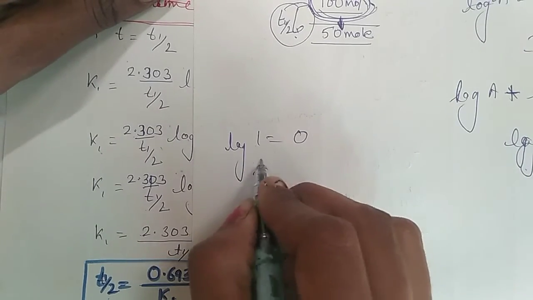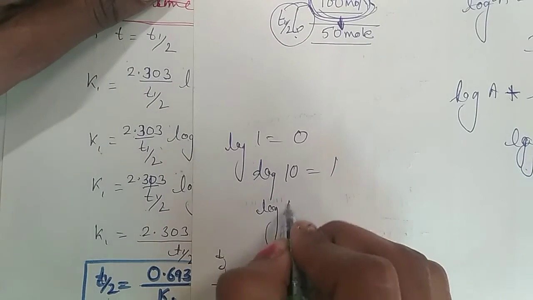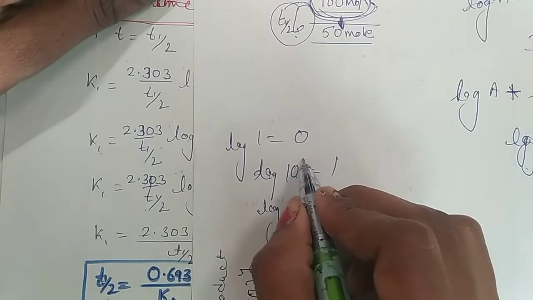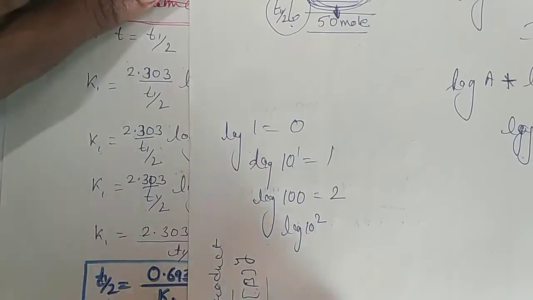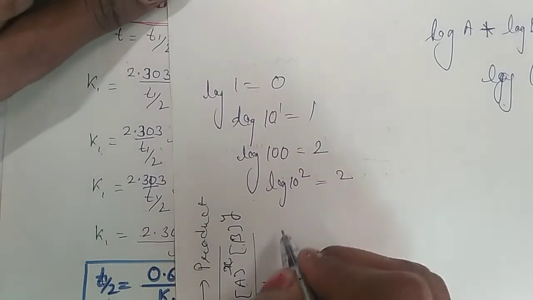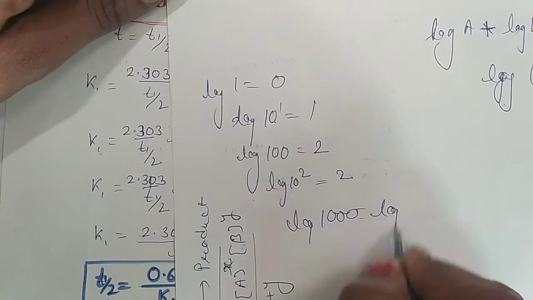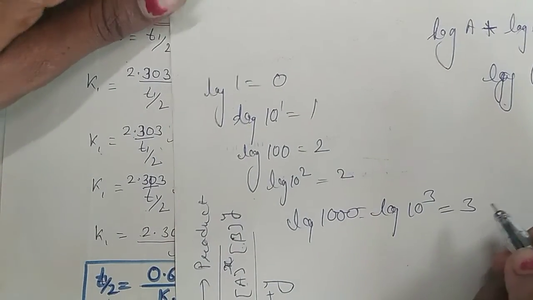Log 10 is equal to 1. Log 100 is equal to 2. Log 10 means 10 to the power 1. Log 100 means log 10 to the power 2, so its value is 2. Log 1000 means log 10 to the power 3, then its value will be 3.